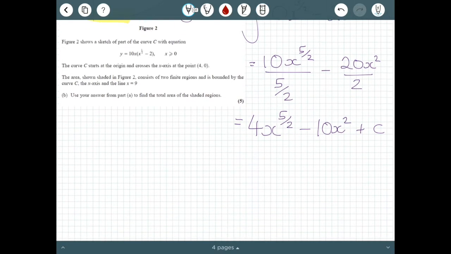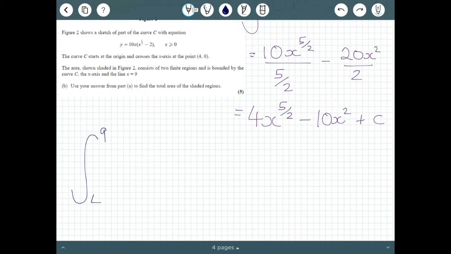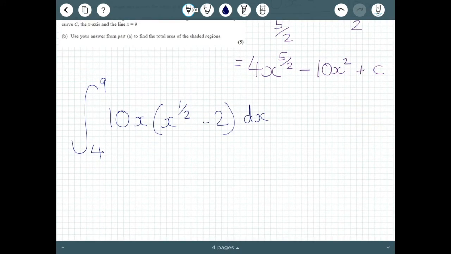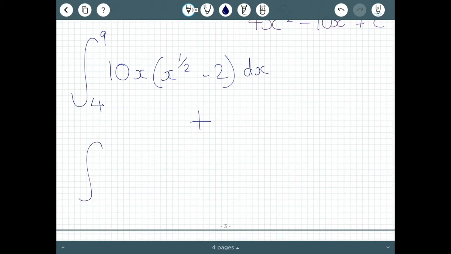So actually, what you want to be doing here is integrating between 9 and 0. No, that's not what you want to be doing. Sorry, you want to be integrating between 9 and 4 of the equation that we already have, so 10x times (x to the power of a half minus 2) dx, and we're going to add that to the answer that you get with this integral here.